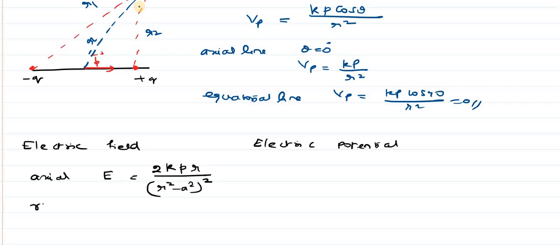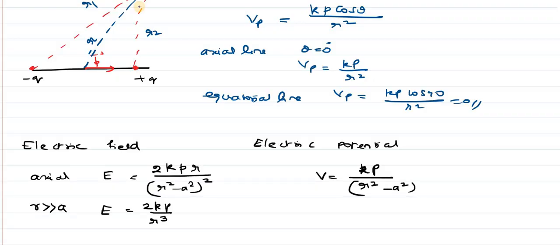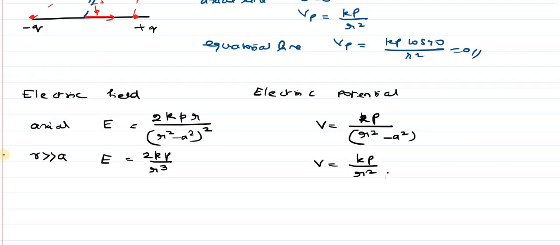And for a short dipole, when r is greater than a, E will be equal to 2kp by r cube. Here for the electric potential, what we have got is kp by r square minus a square for the longer one, the regular one. And for the short dipole, it is kp by r square. Any doubt here?